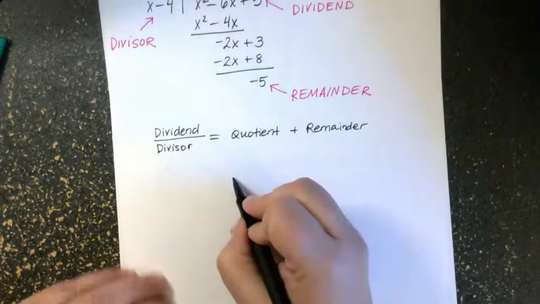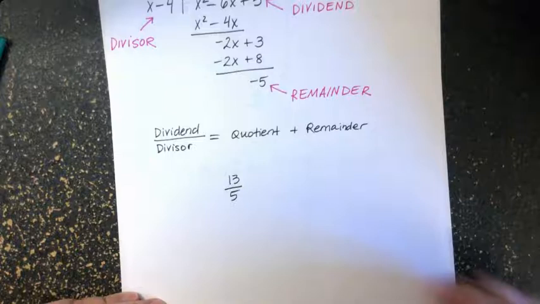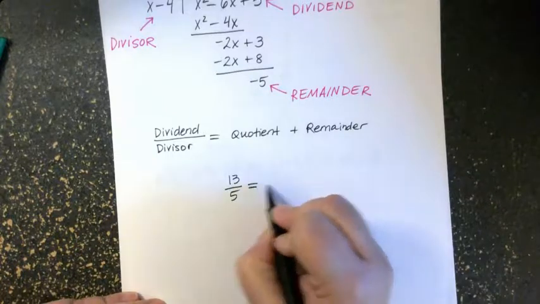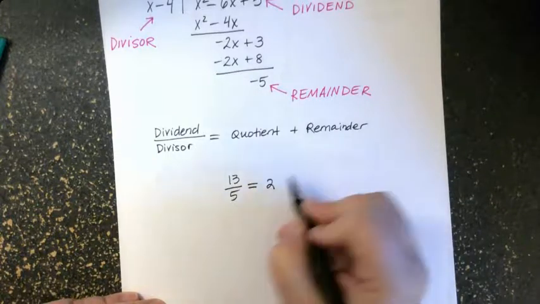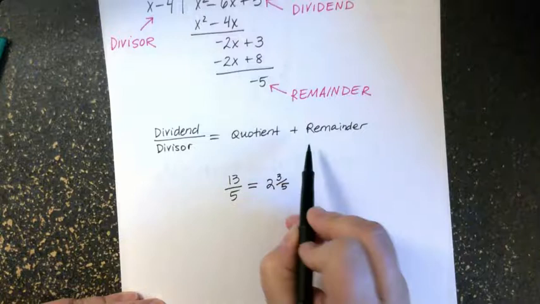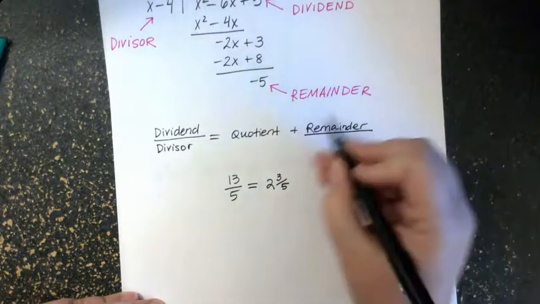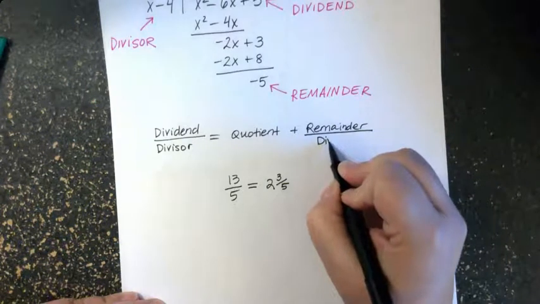If I divide 13 by 5, 5 goes 2 times with 3 left over, and we put that as plus the remainder, and sorry I stated this poorly, over the divisor.